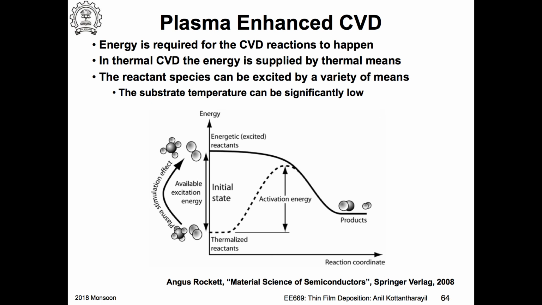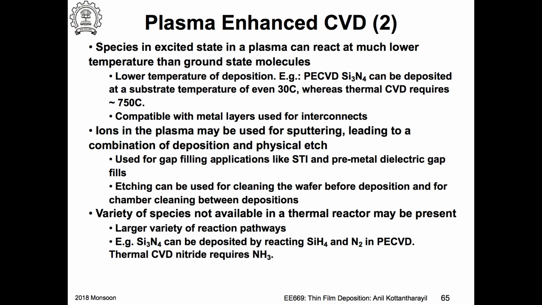So these are some examples if you take the silicon nitride deposition. Okay, we had seen on a previous slide, I showed an example of silicon nitride deposition at 780 degrees centigrade. So thermal CVD requires something in that range. But I can deposit silicon nitride on a silicon wafer at room temperature if I am doing this process in a plasma.